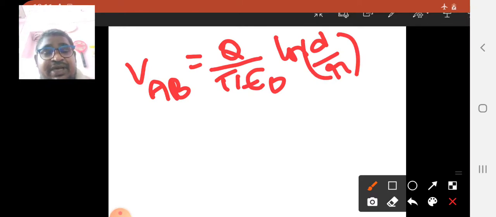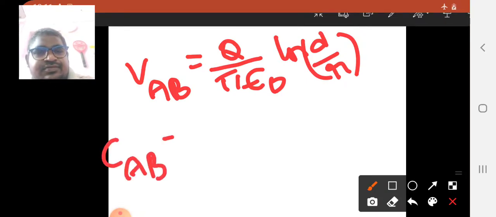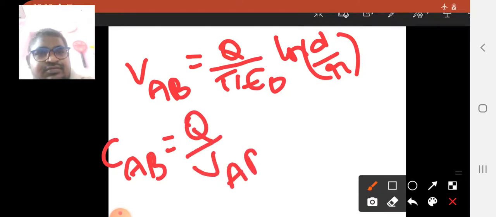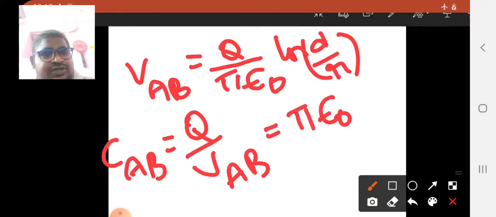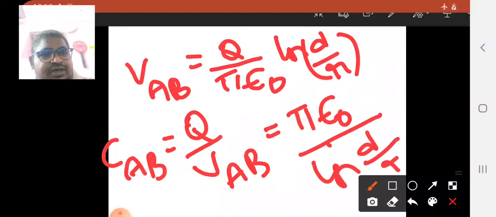Now what is capacitance? CAB is equal to Q by VAB. So if you do this, you get pi epsilon naught divided by ln d by r.